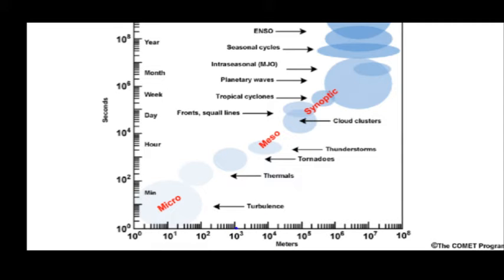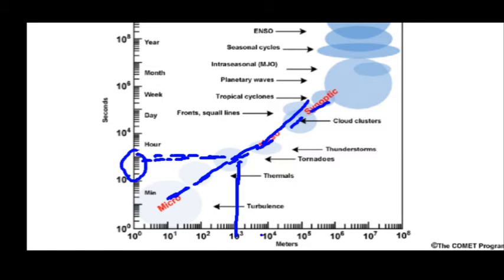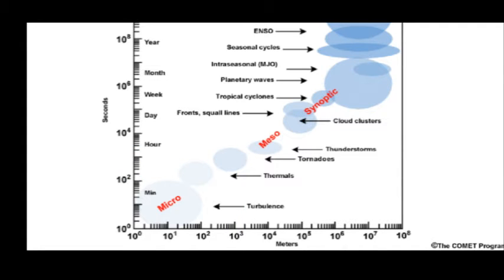So when we're talking about maybe a few hundred meters, that's going to be on the scale of thermals, rising up and forming cumulus clouds, and we can see that kind of falls along this slope here. So that thermal has a scale on the order of maybe several minutes to about 15-20 minutes, and then we get up to tornado scales and then storm scale, which has a scale of kilometers and starting to get up into hours there.